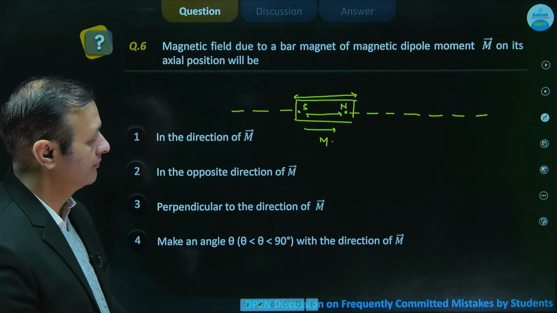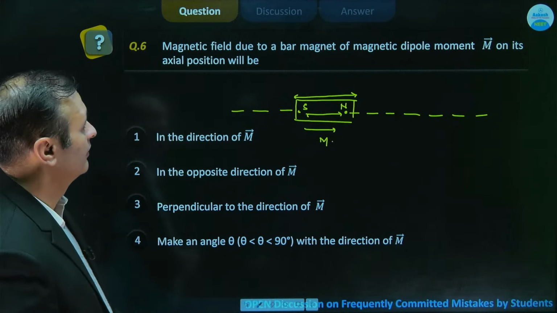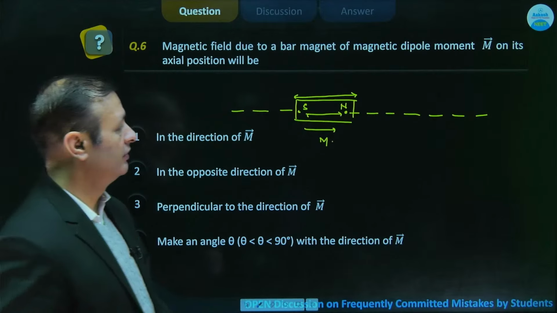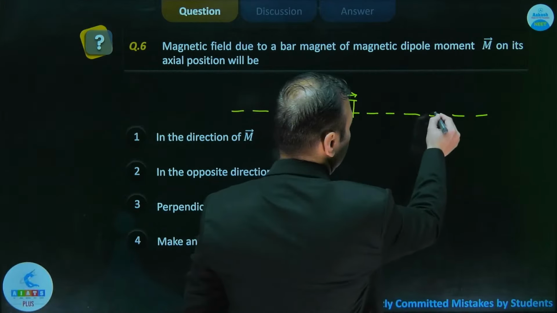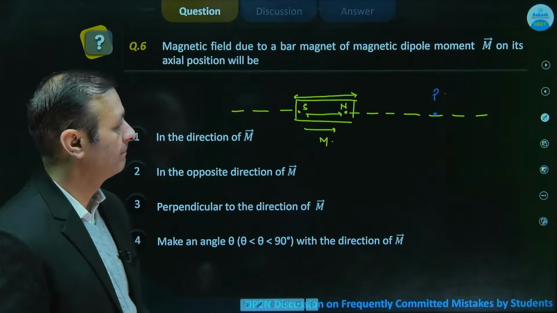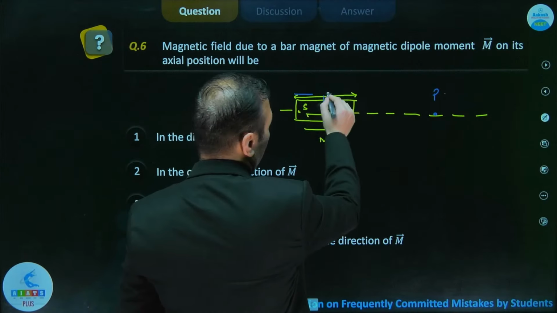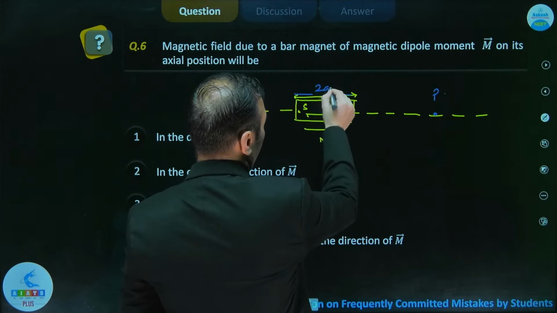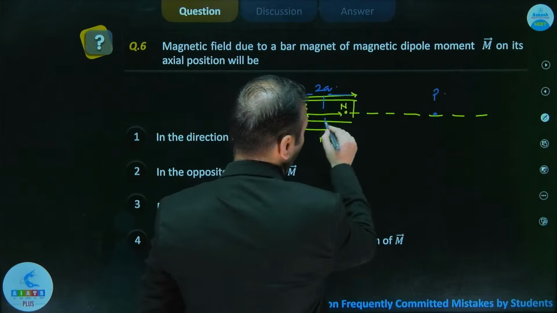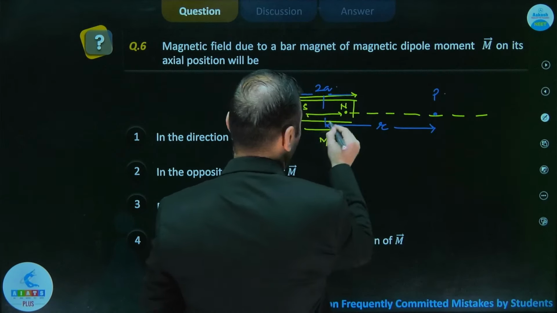Fine. Now we have to observe the magnetic field on the axial line. So let's suppose this is the point P. If this dipole is of small length 2a and this is at distance r.